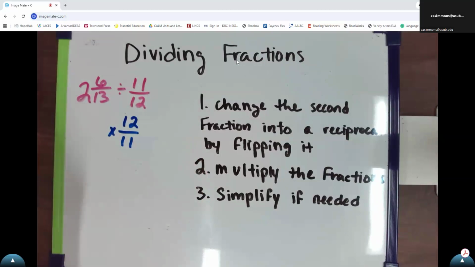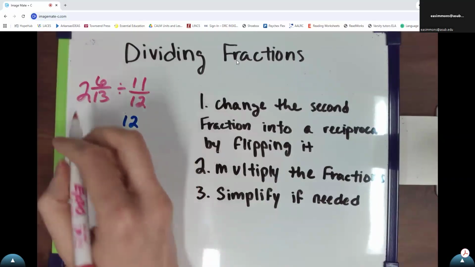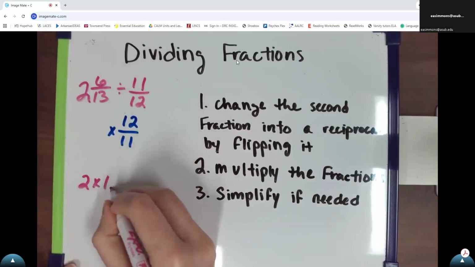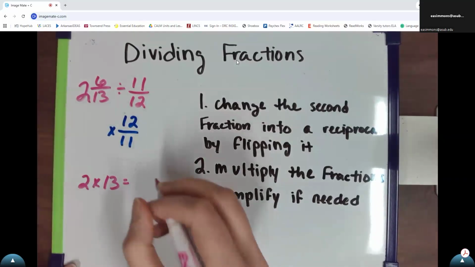And then our 2 6/13 needs to turn into an improper fraction. So we've got to multiply our whole number times our denominator, and that gets us 26.